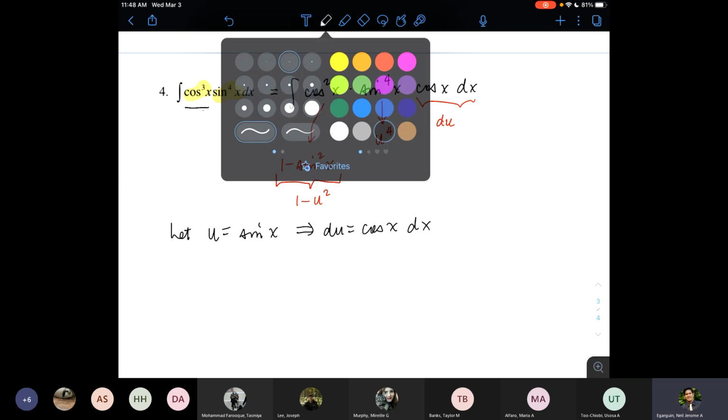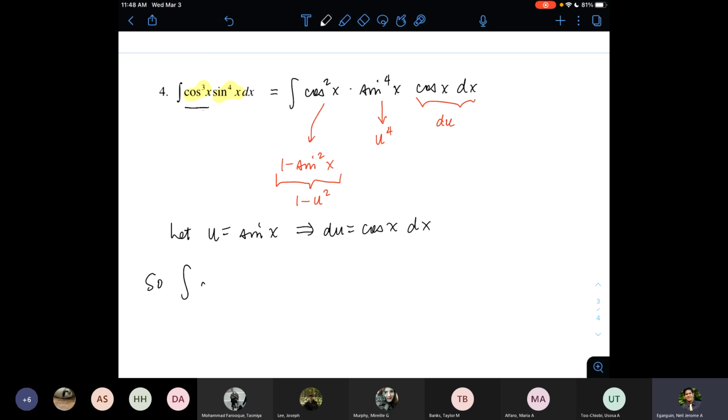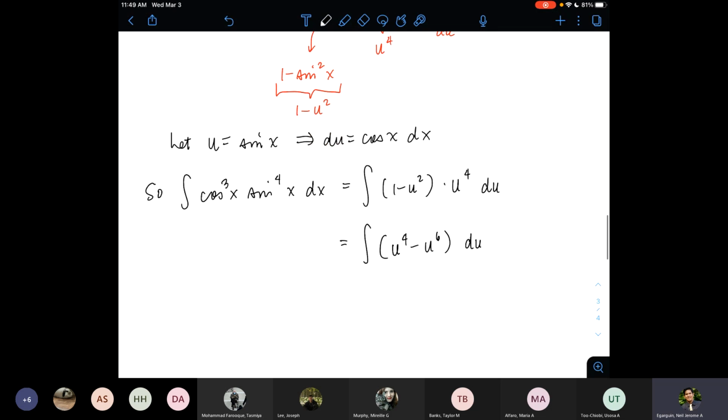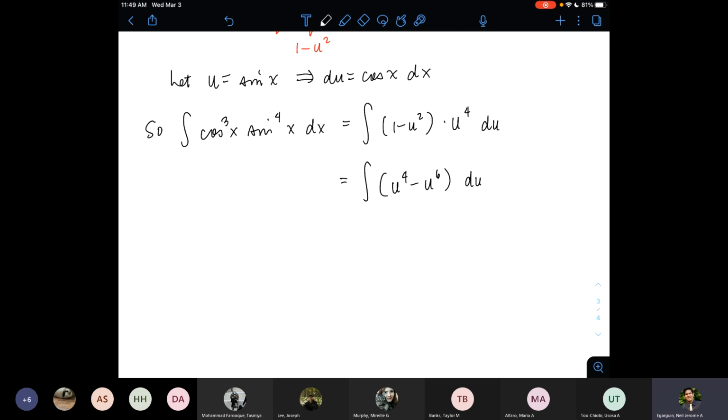So therefore, the original integral can now be written as the integral of 1 minus u squared, right, times u to the 4th du, which is now a polynomial. So you can simply perform the multiplication first and then integrate as if you are just integrating a polynomial.